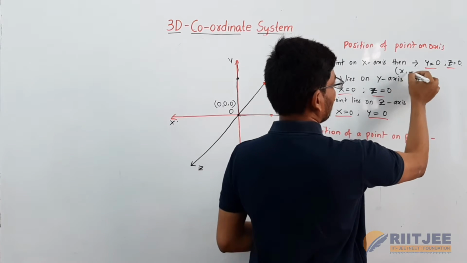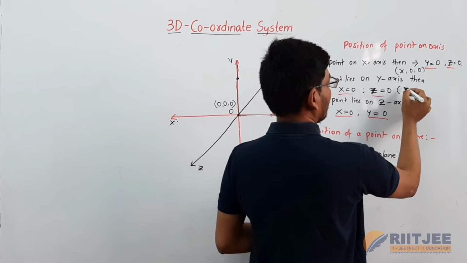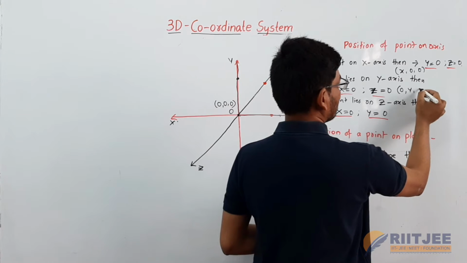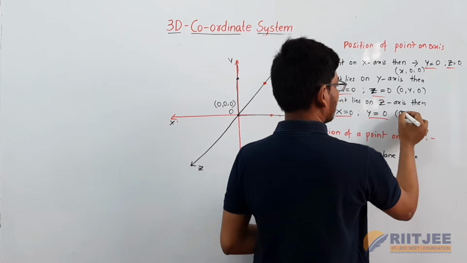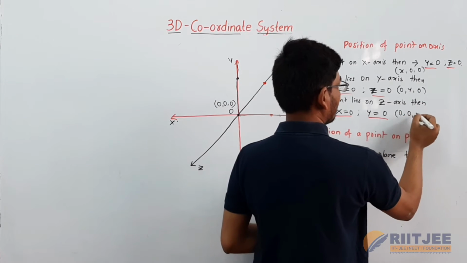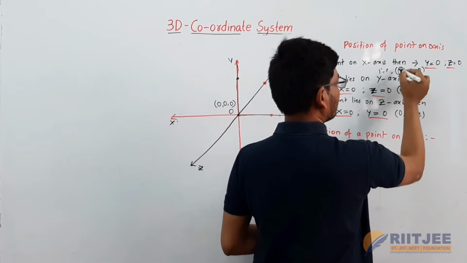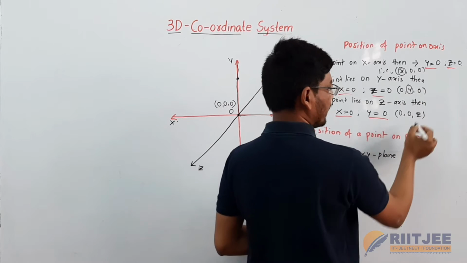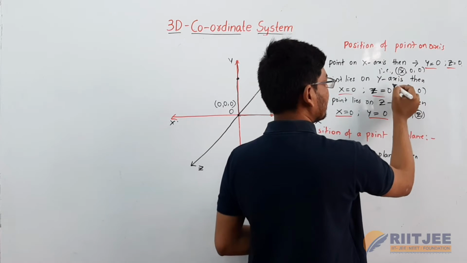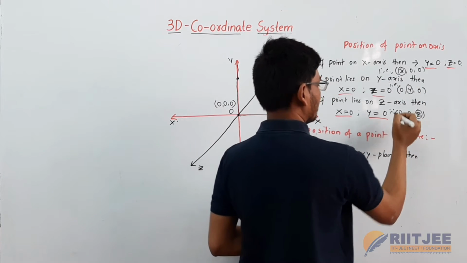Here x comma 0 comma 0, here 0 comma y comma 0, here 0 comma 0 comma z are example points. You can substitute any value here. This is the position of the point.